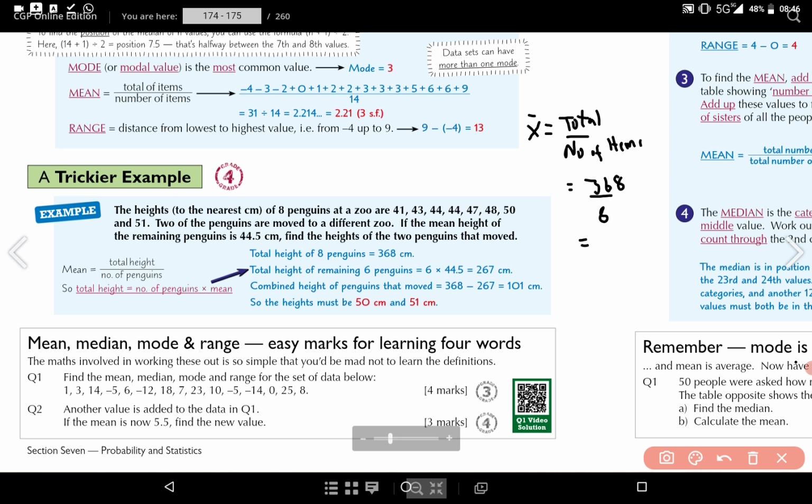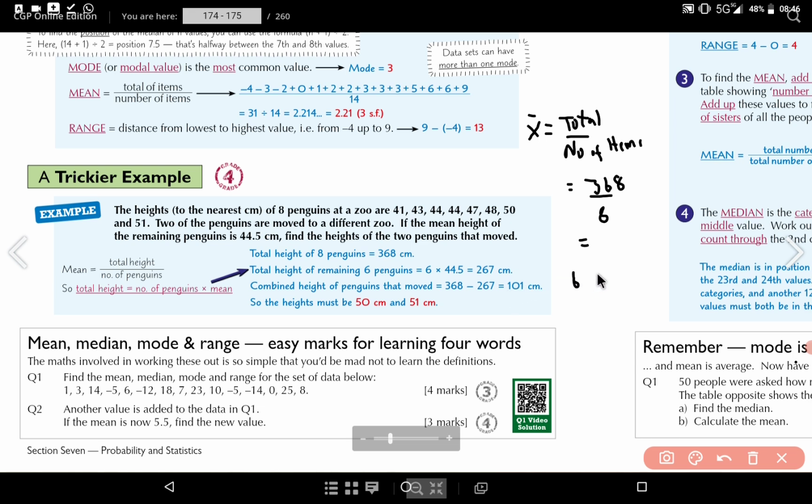The question was saying that two penguins are moved to a different zoo. So now the total number of penguins is 6. They are moved to a different zoo.